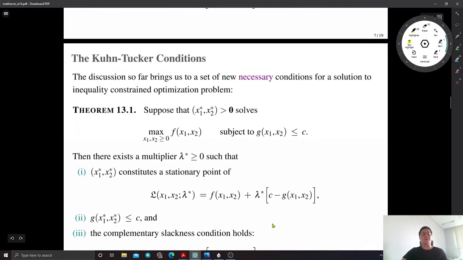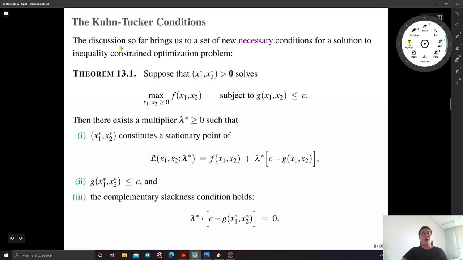All right, so in summary, an inequality constraint brings us new necessary conditions for a solution. The Kuhn-Tucker condition provides us some necessary conditions for a solution. If some x1 and x2 is a solution, the following Kuhn-Tucker conditions must be satisfied.